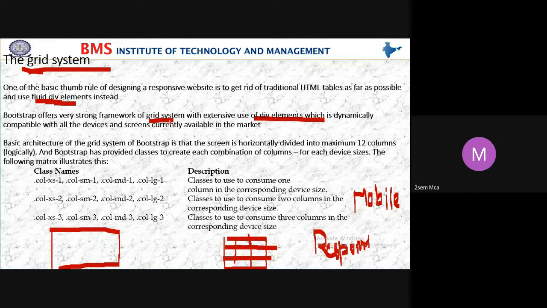Using this Bootstrap, whatever the viewport we are developing for, to support all the viewports with compatibility, we are using a grid system. See what it says: with all the devices and screens currently available in the market.